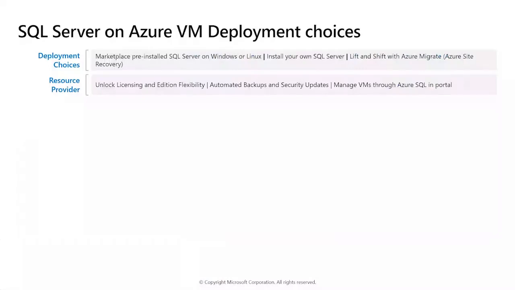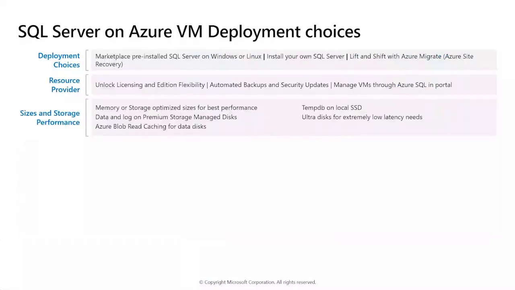You can also manage your SQL servers through the Azure Virtual Machine as long as you can connect to your virtual machines. Now, in terms of sizes, storage, and performance, you get to choose between memory or storage options to optimize your databases for better performance. You can store your data and logs on premium managed disk storage. You can use ultra disk storage for low latency access, and your temporary database can be stored on local solid-state drive disks.